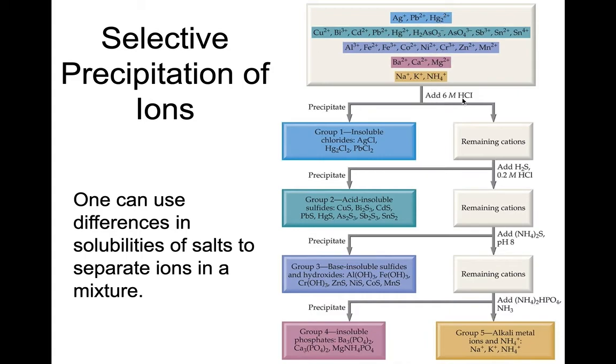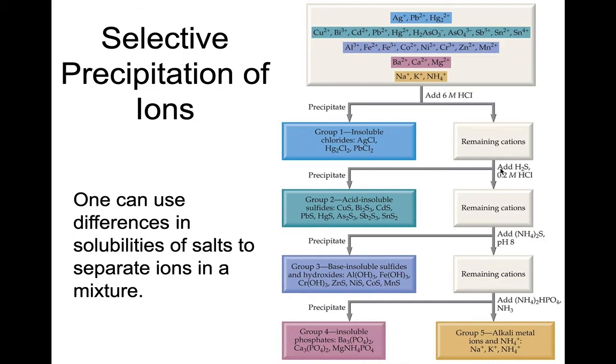Let's say we had some concentrated hydrochloric acid. We could calculate what would precipitate there. We'd find that the group 1 insoluble chlorides would precipitate. So any of our silver, lead, or mercury that was dissolved in the solution would precipitate at the addition of hydrochloric acid, and everything else would remain in solution.